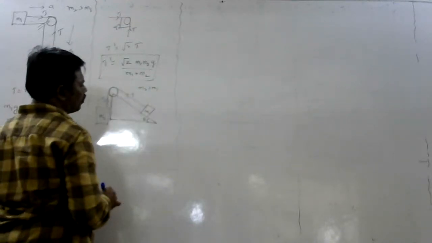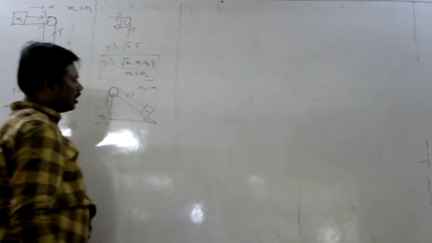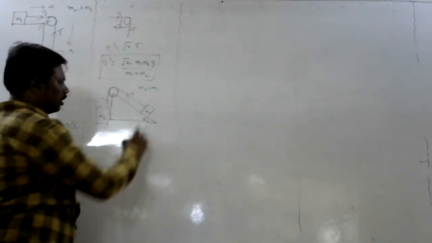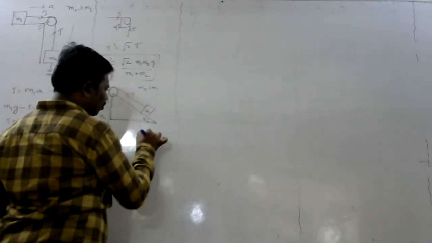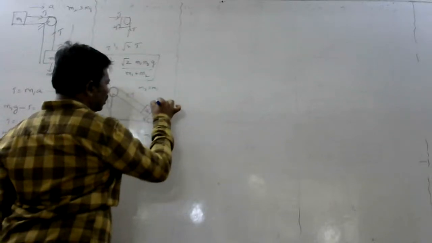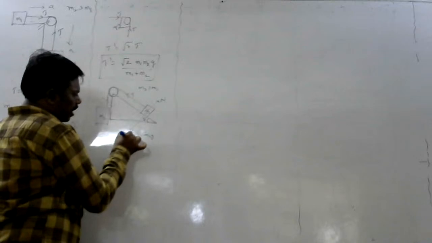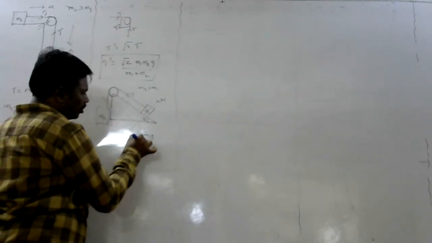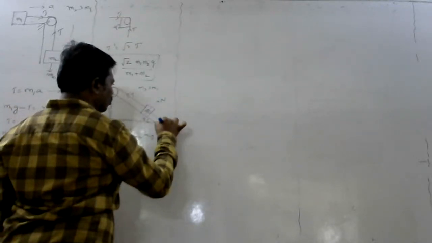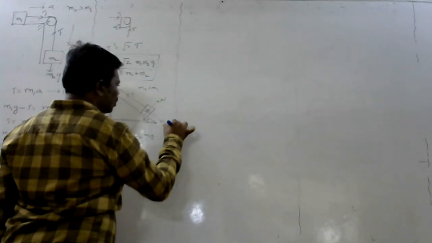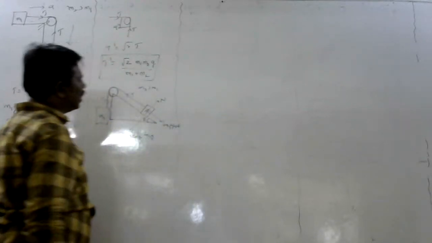That's why tension T is towards the pulley. So m1 g is resolved into two components. Weight is always in the downward direction, m1 g. This is a normal reaction N. The normal reaction balances m1 g cos theta, and this one is m1 g sin theta.